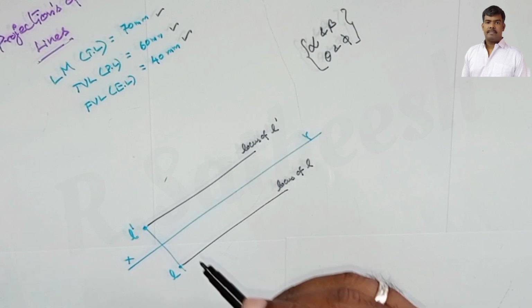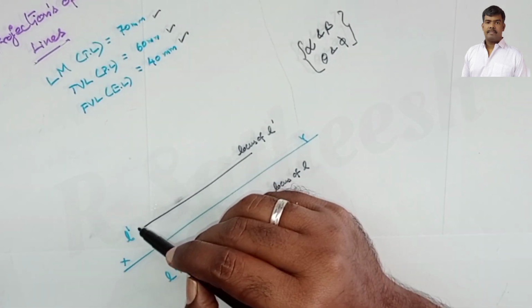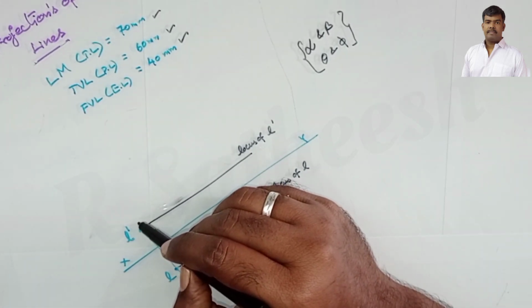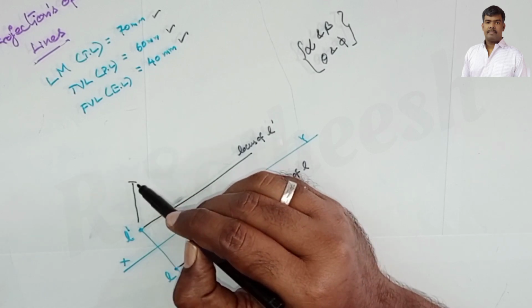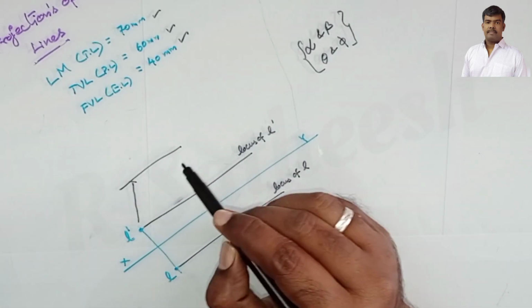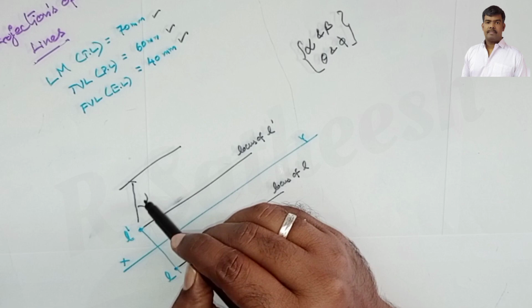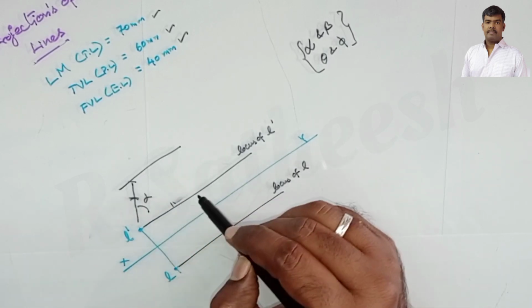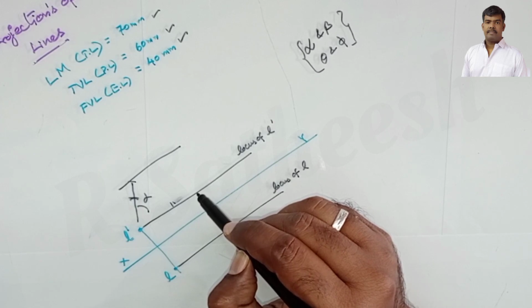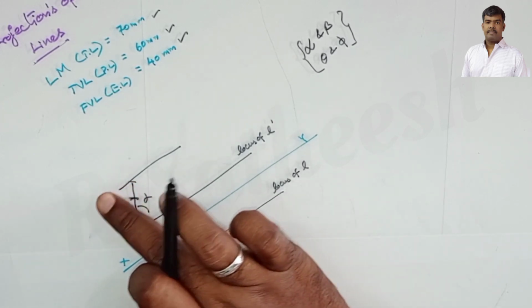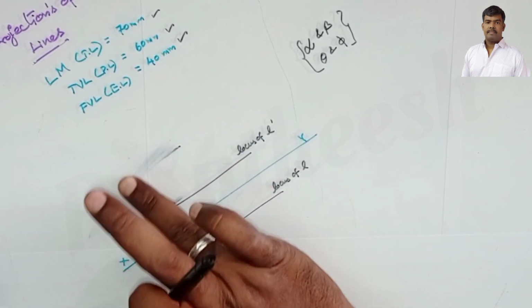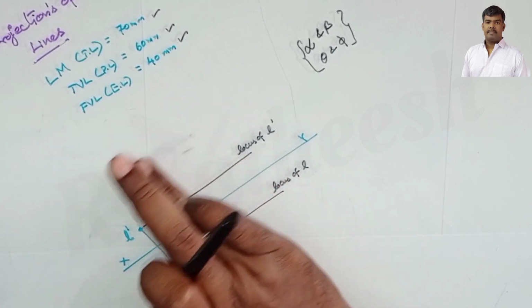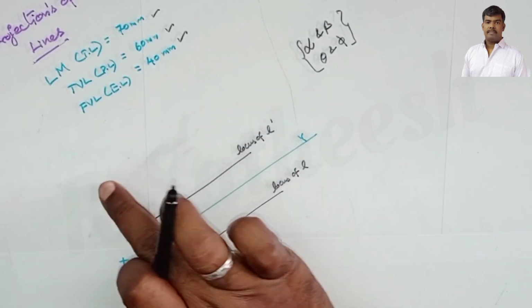Clear? Next, in the previous problem, L dash M dash lies on the locus of M dash, and this makes an angle alpha. The distance here and the M2 dash distance were the same in the previous problem. But in this reverse case, we don't know the locus line.